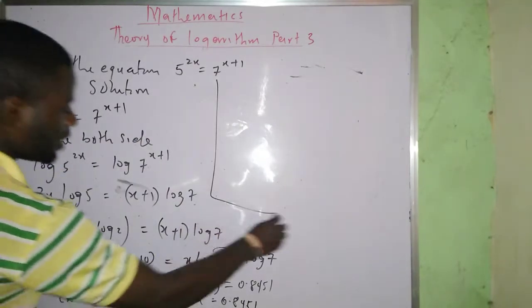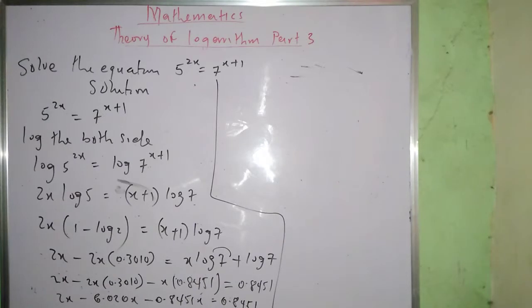Now I can add up everything, which I have 2 plus 0.6020 plus 0.8451.